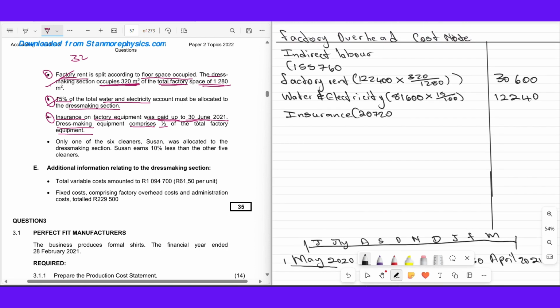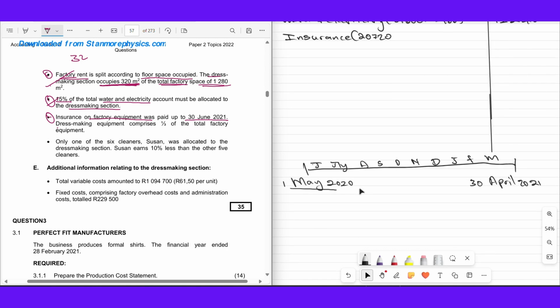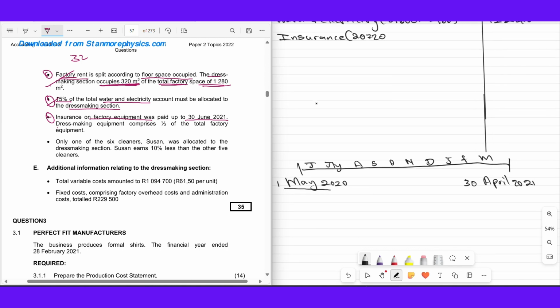They are telling us that insurance on factory equipment was paid up until 30 June 2021. And when you check, our financial year ends on 30 April 2021, meaning that it starts on 1 May 2020. And they are telling us that it was paid up to 30 June 2021.